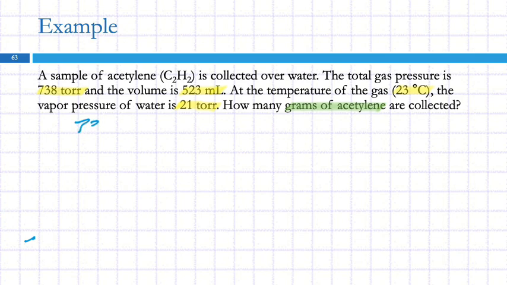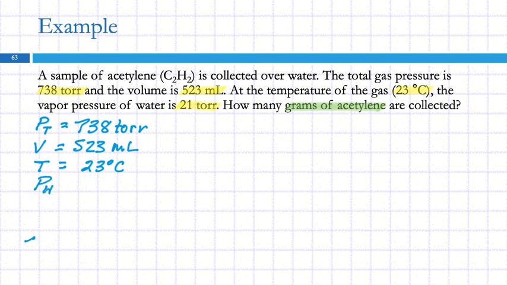I've got 738 torr. That is the total pressure. And then I've got a volume of 523 milliliters. And I have a temperature of 23 degrees Celsius. And I have the vapor pressure of water. The partial pressure of water is 21 torr at this temperature.